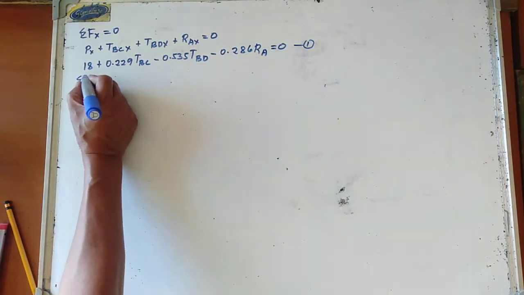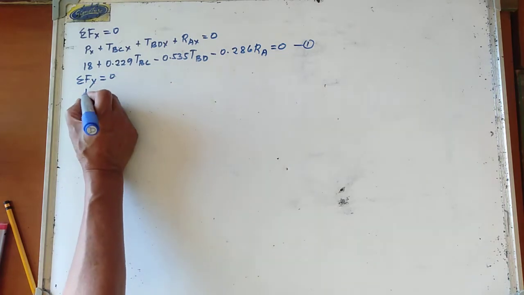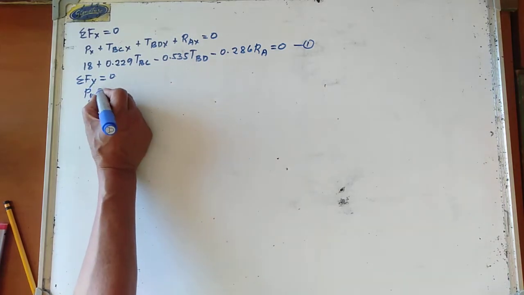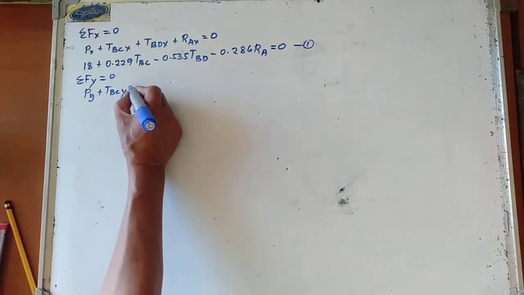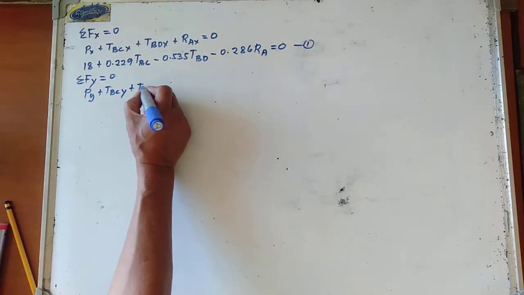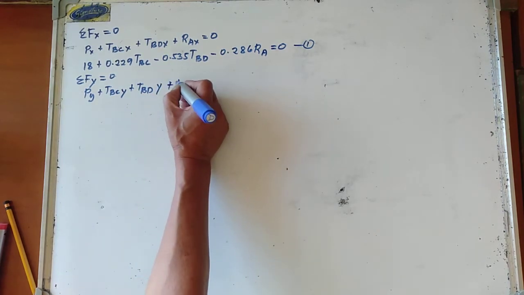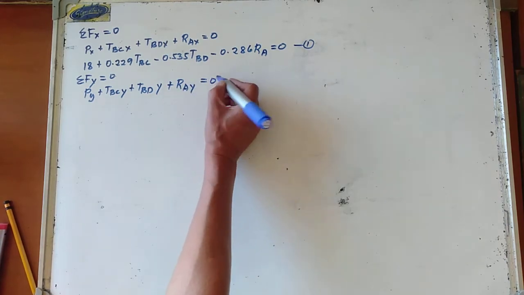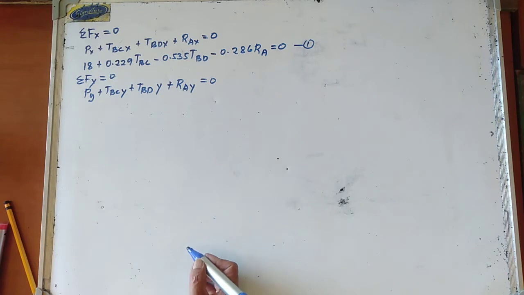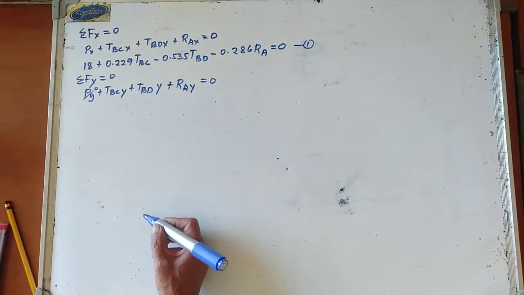Now, summation of forces along the y is equal to 0. PY plus TBCY plus TBDY plus RAY is equal to 0. So your PY in here is equal to 0.